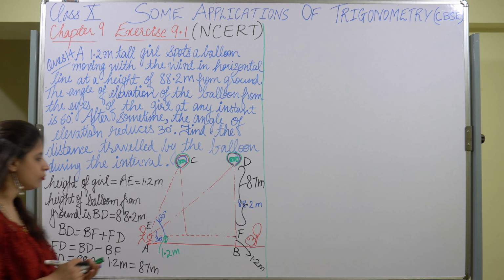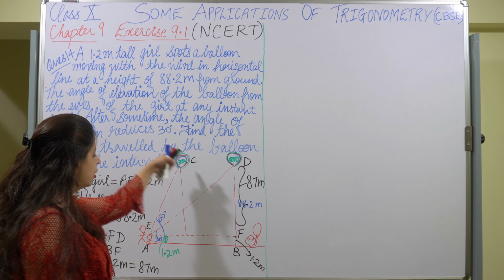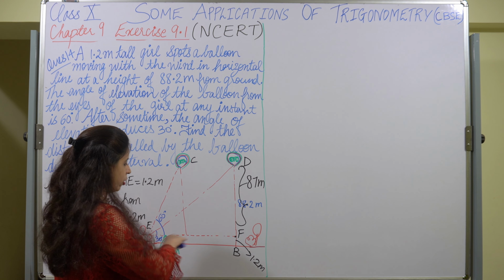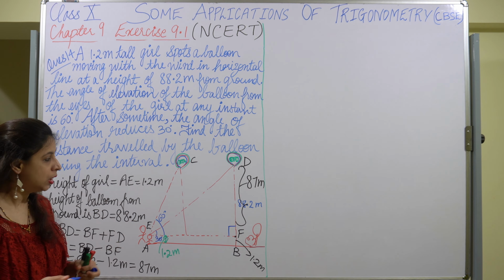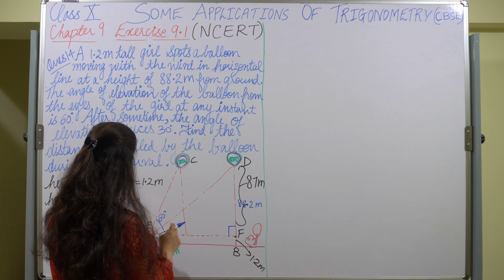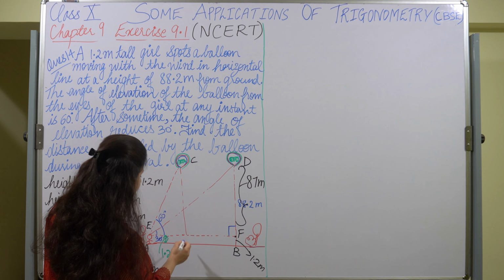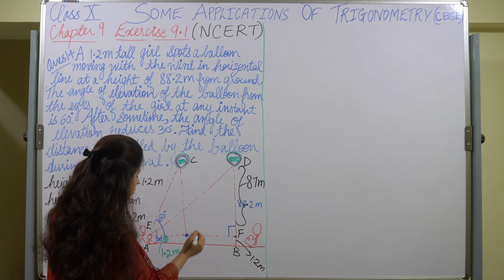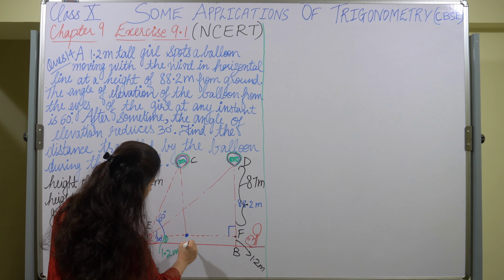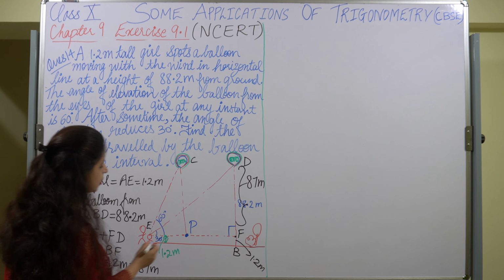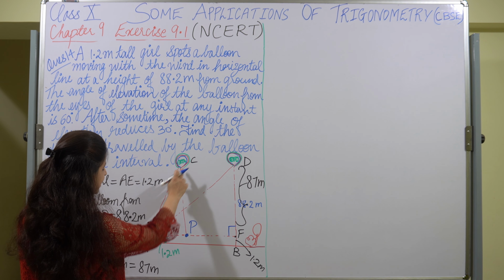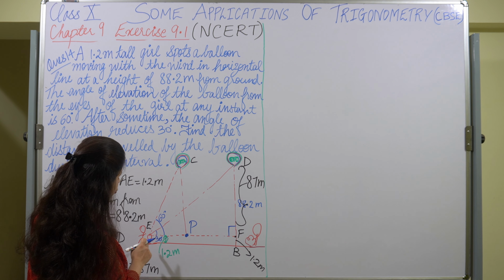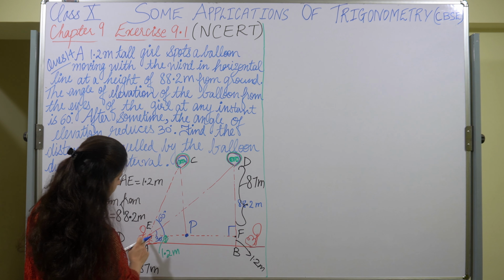Now I will be considering two triangles. This is 90 degrees according to the figure. Let us mark this point as some point P. So I will take the triangle PCE and the triangle FDE.